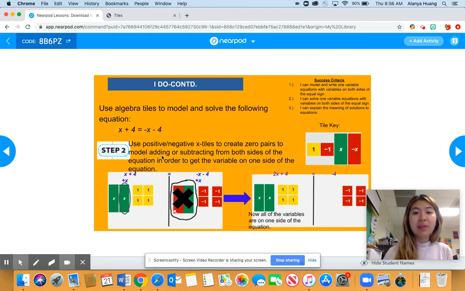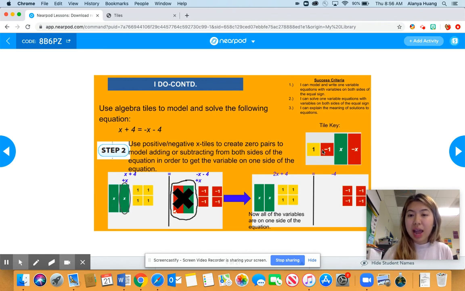So the first thing that we have to do is make a zero pair with our variable. So to do that, I'm going to add a -x tile to both sides. So that cancels out the x on this side. So that's the same thing as adding x to both sides. So as you can see, now we have 2x. So now we have 2x plus 4 is equal to -4. And so now we have to make our second zero pair with our constants.